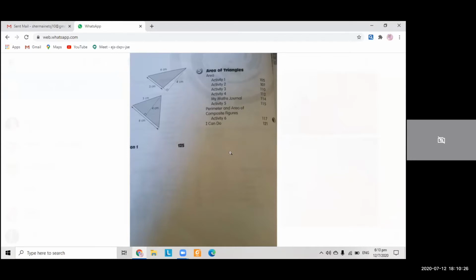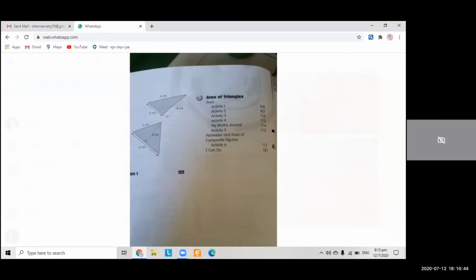Then where is the graph, in which book? Our teacher just told us that graphs, those types of graphs, will be tested, but it wasn't stated here. Then what about the angles, like when you are asked to find angle 1?